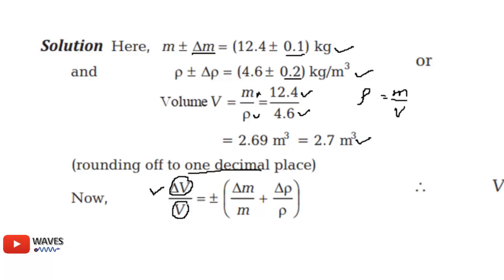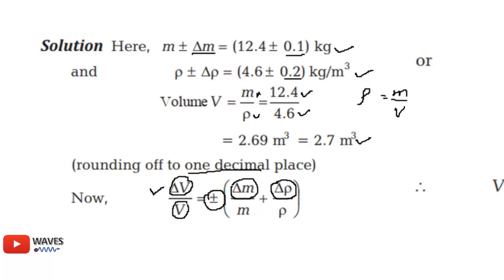Now volume error is a combination of the error of both mass and density. Hence the error which creeps in the volume after calculation should also have mass and density. Irrespective of whether the formula tells about division of values, multiplication of two values, addition of two values, or subtraction of two values, the errors are always added with a plus minus sign at the front.